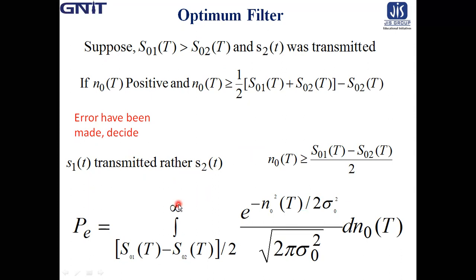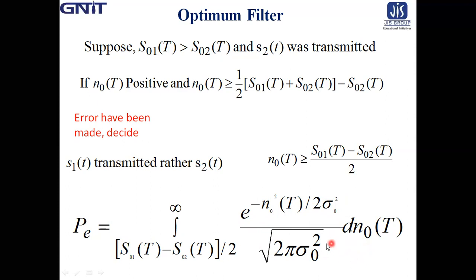Hence, the probability of error PE equals the integral with lower limit (S01(t) minus S02(t)) by 2 and upper limit infinity, of the Gaussian noise PDF, e to the power minus n0 square(t) by 2 sigma 0 square, divided by root over 2 pi sigma 0 square, into d n0(t).